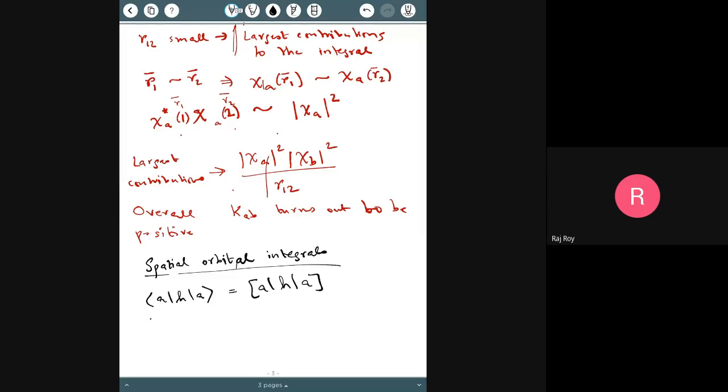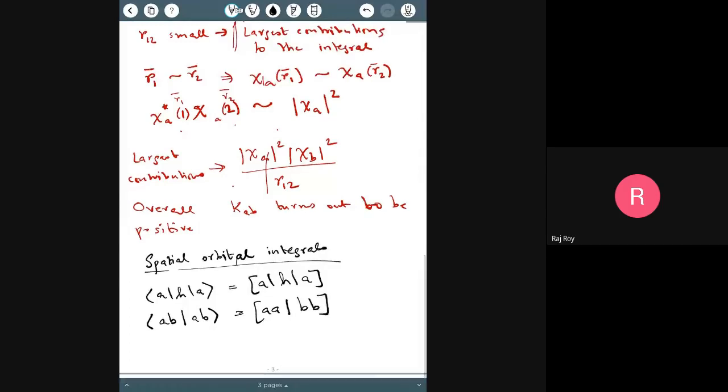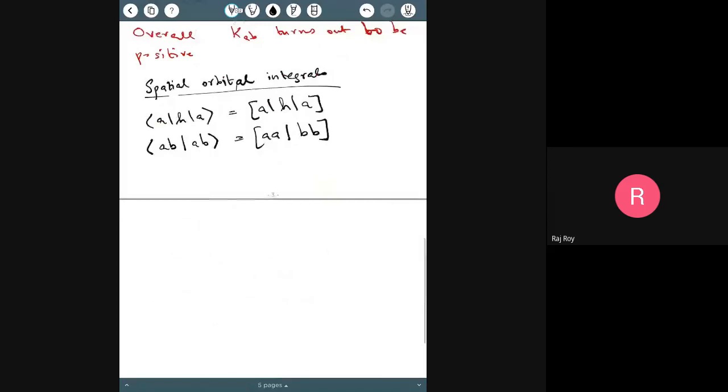And then we will have to do the two electron integral. These two integrals we want to now write in terms of spatial orbitals.